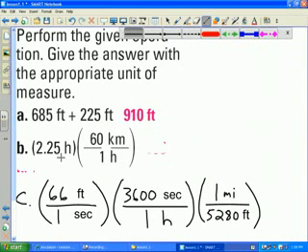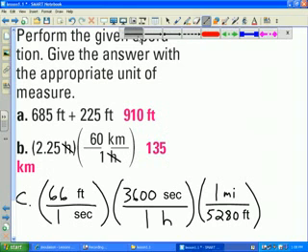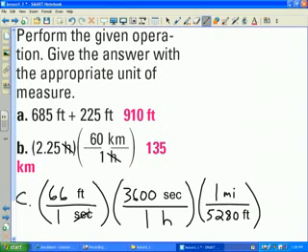In the next example, if I'm multiplying hours times kilometers per hour, hours in the numerator will cancel with hours in the denominator, and the result will be in kilometers. So the final answer here, 2.25 times 60, 135 kilometers. And finally, in the third example, when I multiply, seconds in the denominator cancels with seconds in the numerator.